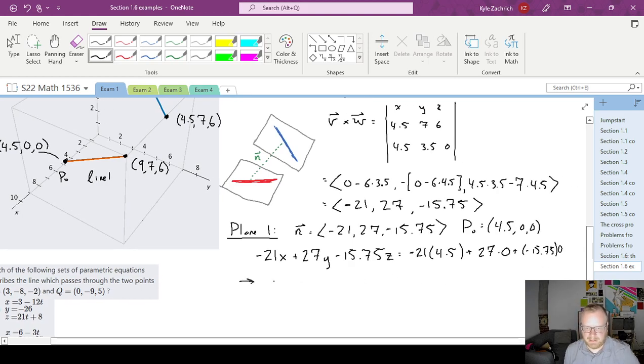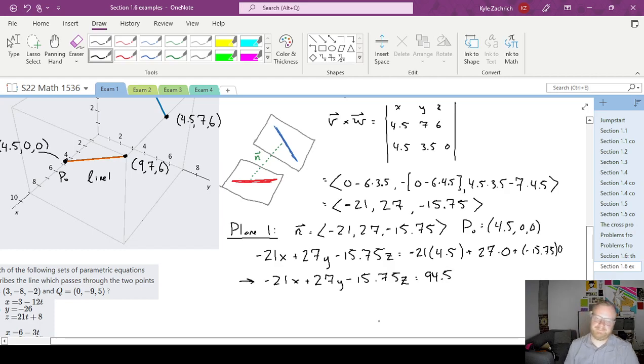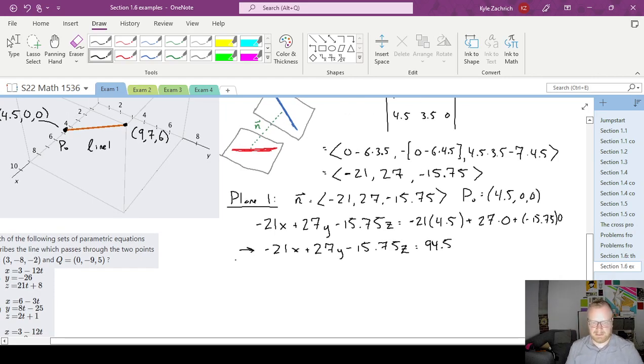So in the end, I get negative 21x plus 27y minus 15.75z is equal to whatever 21 times 4.5 is. 94.5. Okay. Great. So that's plane 1. We'll repeat the process for plane 2.